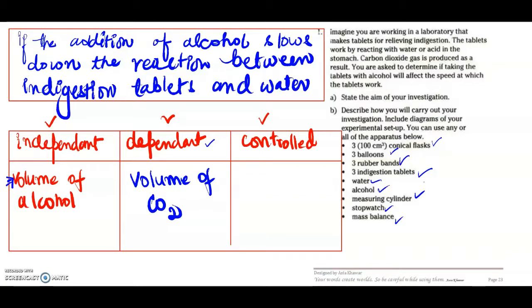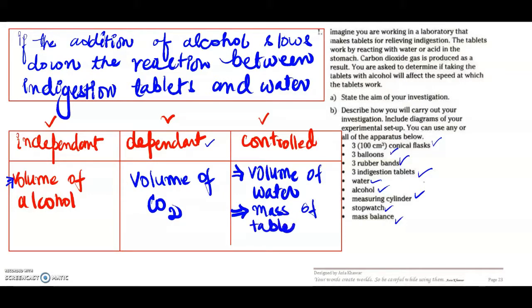In controlled factors, you need to fix the volume of water, you have to take a fixed mass of tablet, and you also have to fix the time of reaction.